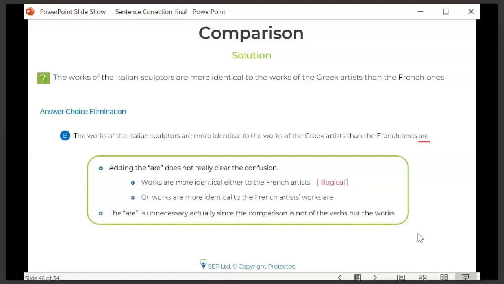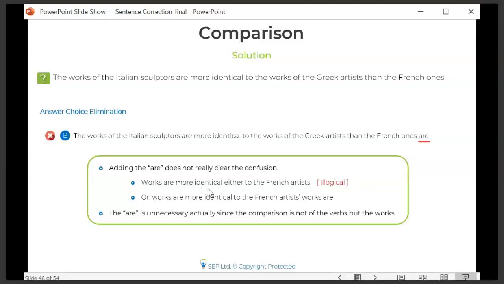The "are" is unnecessary. What you're saying is the works are more identical either to the French artists, which is illogical. And if you say works are more identical to the French artists' works are, the "are" is not required. That is redundant, and therefore that is the error, making this sentence incorrect. Look at it very closely. Look at the two versions.